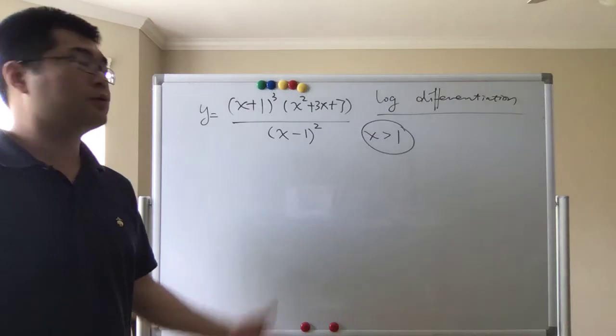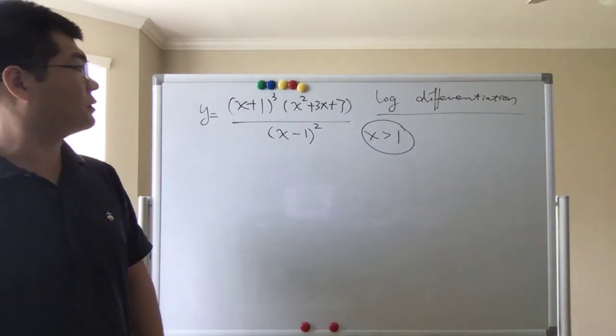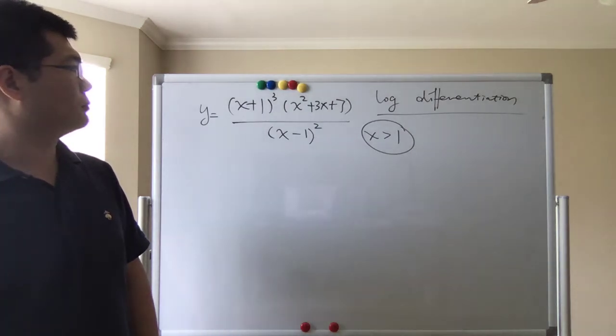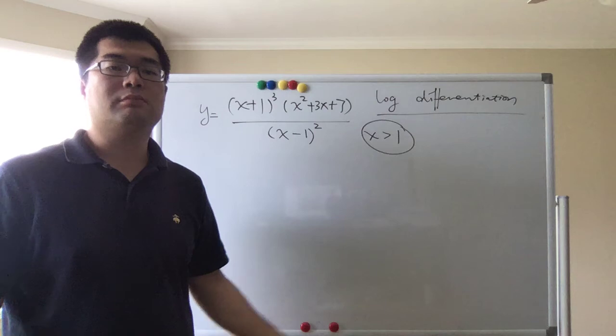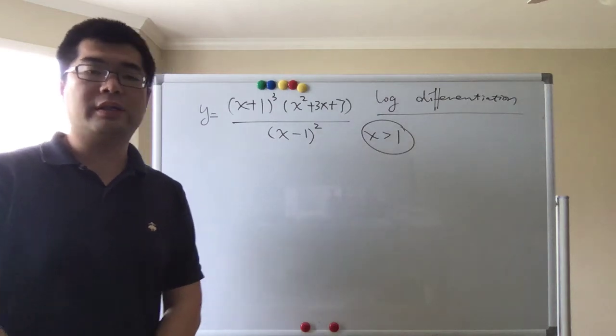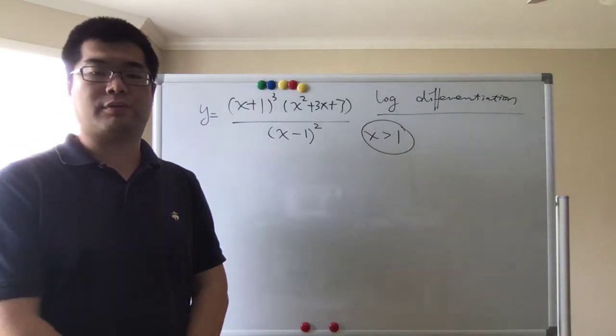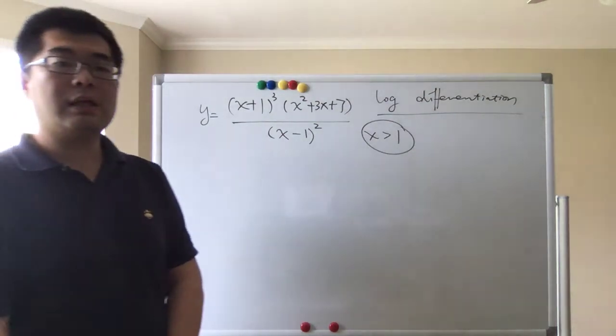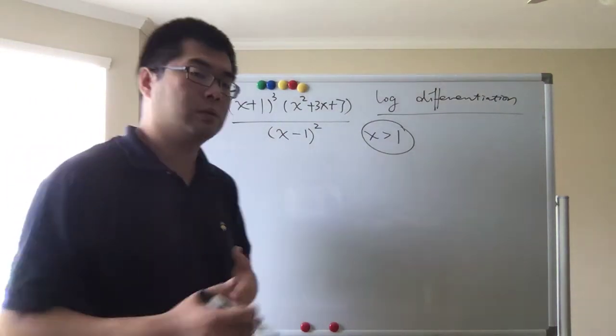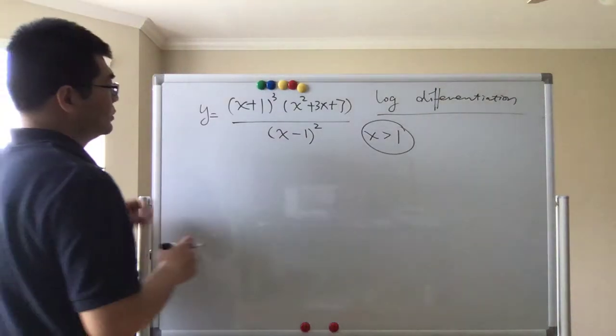Of course we can use the quotient rule and the product rule, but as you expect, it can be very long, tedious, and give a very crazy, ugly result. But right now, let's try to think about another way.